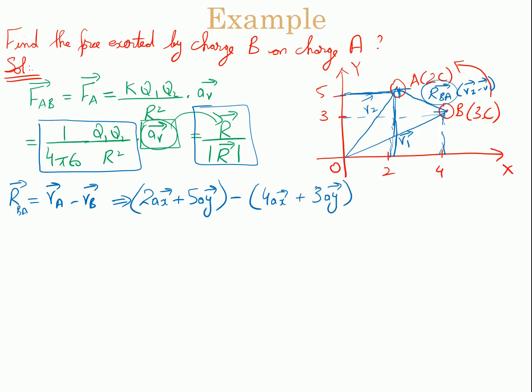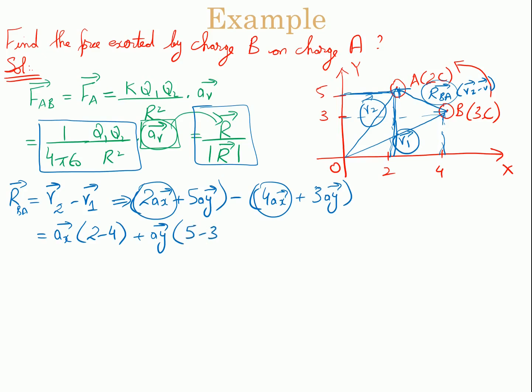So these are the positions of rA and rB, or we can say this is r2 minus r1 if we follow these notations. So let's do this as r2 minus r1. Okay, so now r BA is going to be 2ax minus 4ax, so if ax unit vector is the common value, 2 minus 4, plus if ay is the common unit vector between them, it is 5 minus 3.